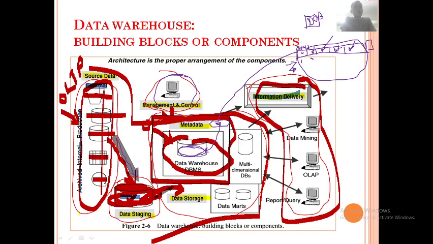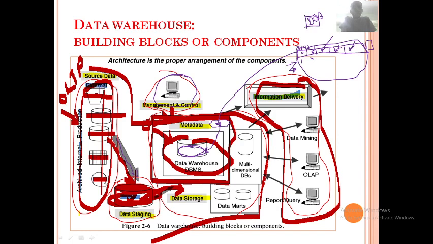We have seen the component called source data, the component called data staging, the component called data storage, the information delivery system, and another component called metadata. Then above all these, we have one more component. That component is called management and control.